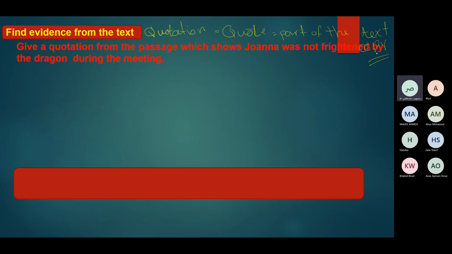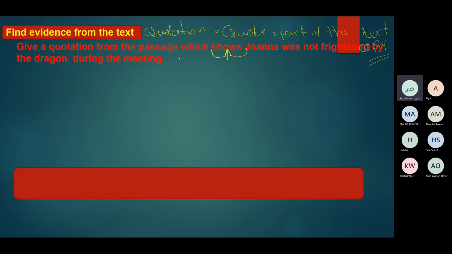This is a question. Give a quotation from the passage which shows, pay attention to the text, that Joanna was not frightened by the dragon during the meeting.